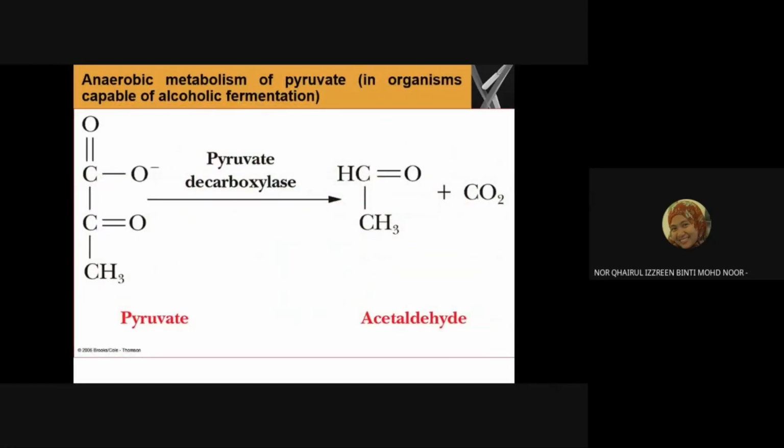So this is how pyruvate is converted to acetaldehyde by pyruvate decarboxylase. It removes a carbon. Here it has a carbon with a double bond to O. Carbon number 1 also has a double bond, and carbon number 2 also has one double bond.